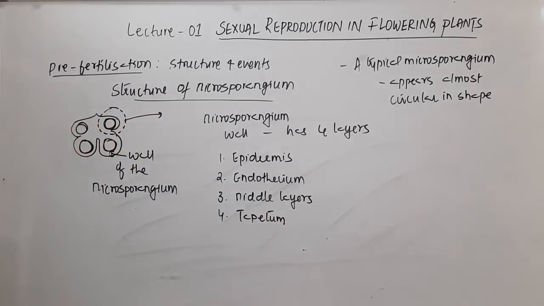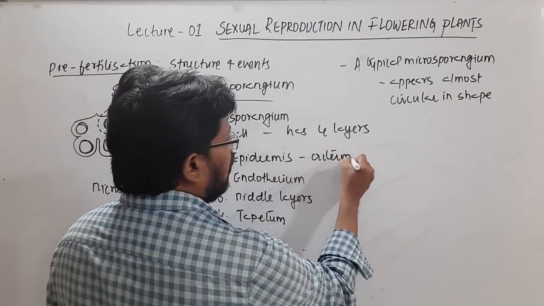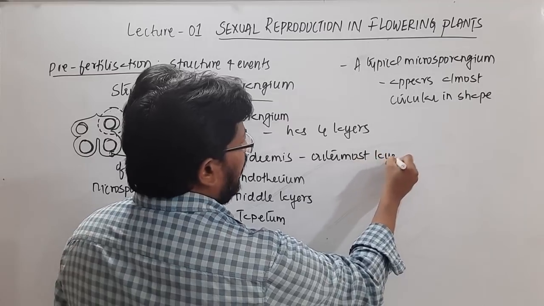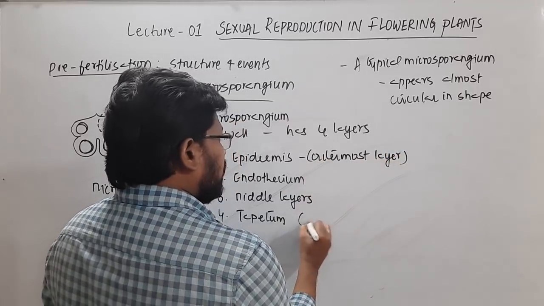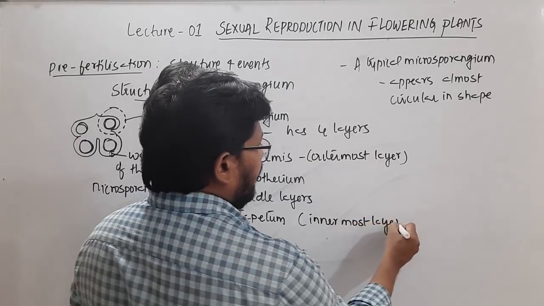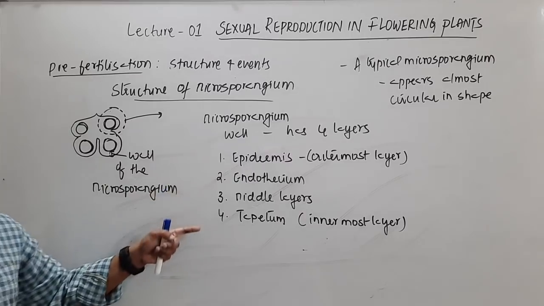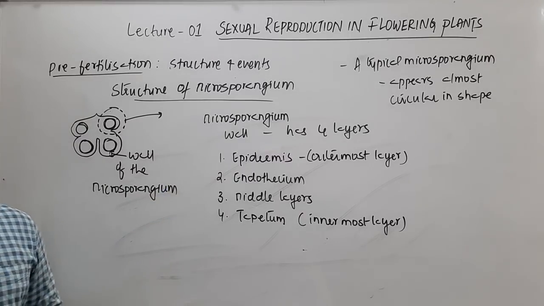So these are the four layers. The epidermis is the outermost layer, whereas the tapetum is the innermost layer.